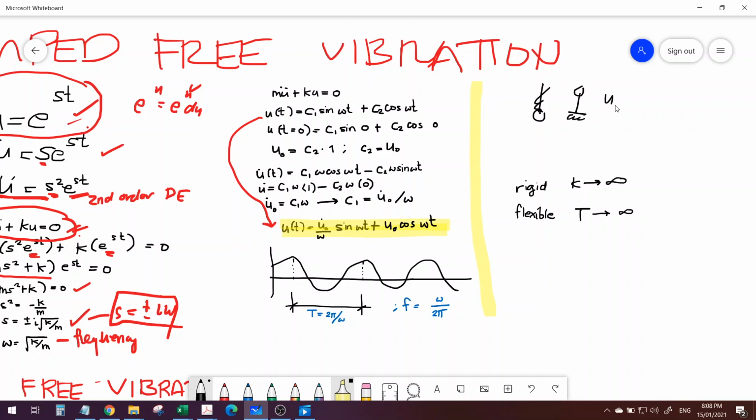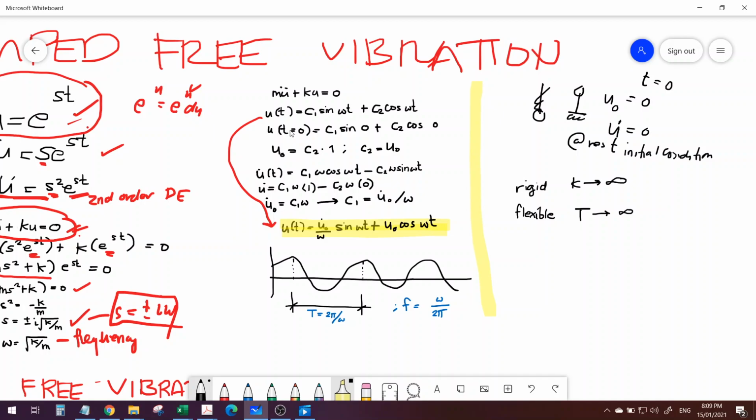Therefore, your initial u at time 0 is equal to 0, and your velocity at time 0 is also 0, because it's at rest. So those are the initial conditions.